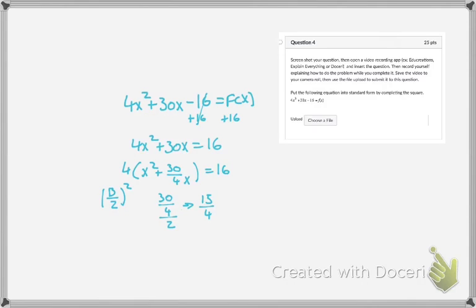Then you take 15 over 4 and square it, and we're going to get 15 squared, so 225 over 16, and now you have to add that to both sides.